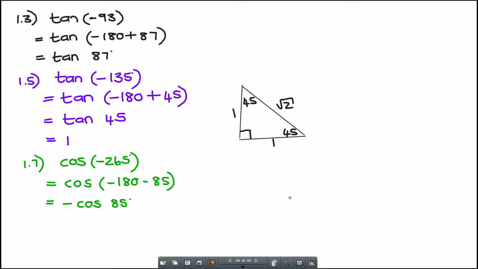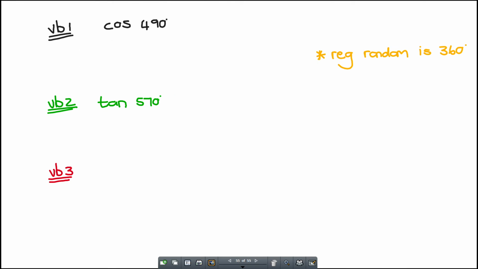Goed. Nou wil ek gou, I want to show you guys an alternative method. Nee? Now, if we go right around, meaning, kyk gou daar. As ek hier begin, en ek gaan reg rondom. Hoeveel grade is dit? How many degrees is that? 360. Okay, so over here I said, right around is 360 degrees.